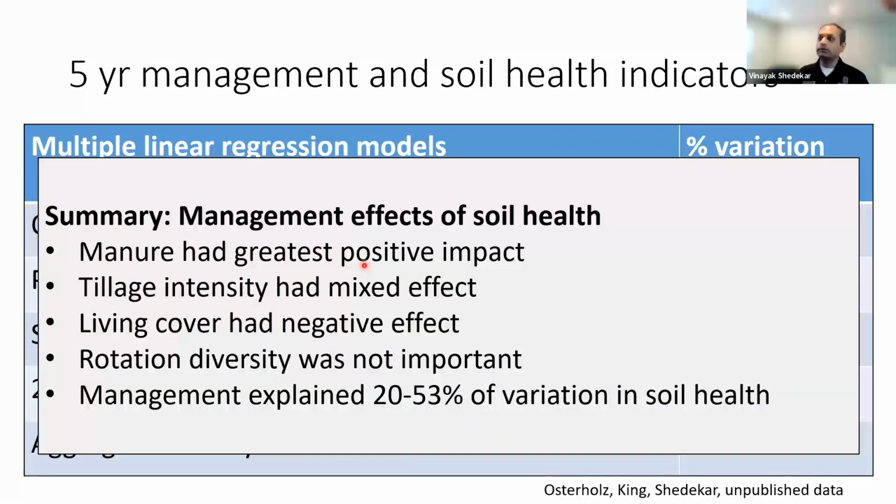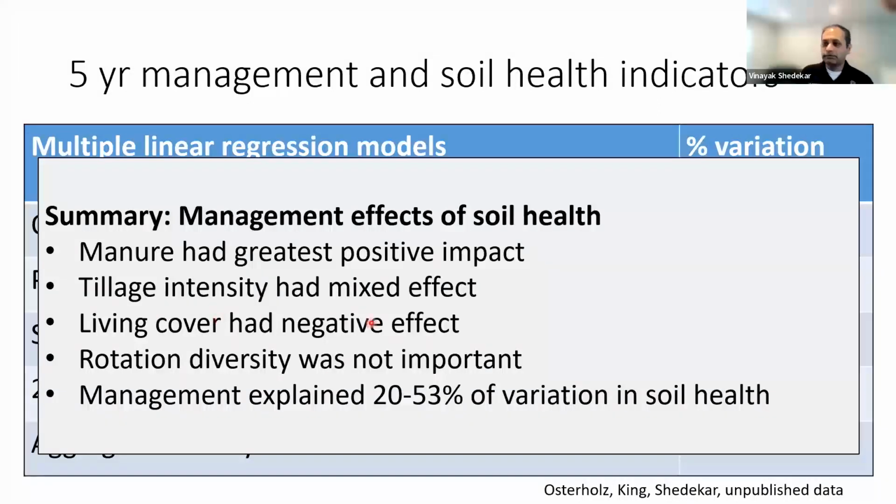Manure application in that data set relates really well with the soil health indicators across the physical, chemical, and biological indicators. Tillage intensity had kind of a mixed effect. More tillage is expected to have a lower soil health compared to lesser tillage intensity, but in our case, it had a mixed effect.